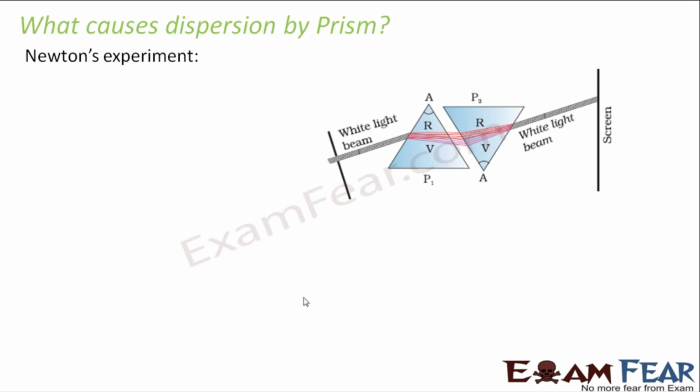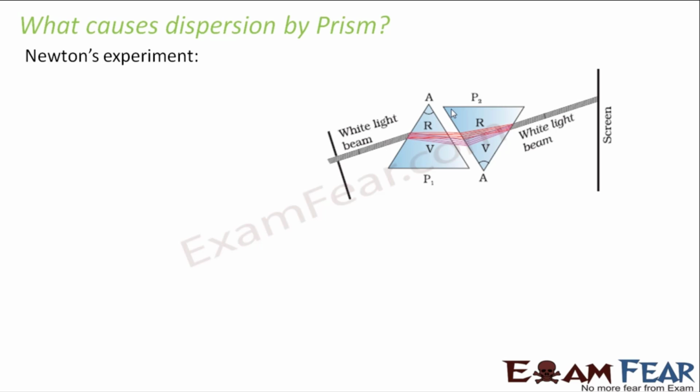Long back, Newton had performed one experiment with the prisms and white light. He made an arrangement as shown here. He took one prism and made white light pass through it. He observed that the output from the first prism was the spectrum, that is all the constituent colors which are present in white light.